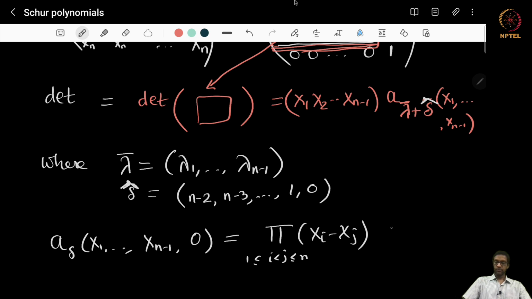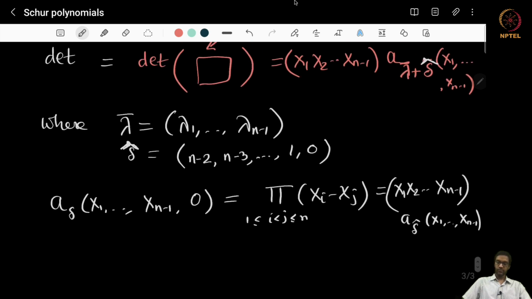And observe, if you put xn equal to 0, then there will be terms of the form x1 minus xn, x2 minus xn, and so on. All of them will just become x1, x2, x3, etc. So observe again, there's an x1, x2, up to xn minus 1 which comes out common, and what's left is exactly delta hat evaluated in the n minus 1 variables x1, x2, up to xn minus 1.